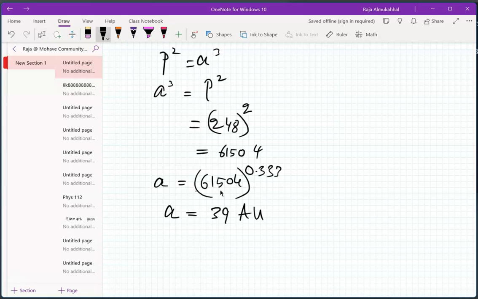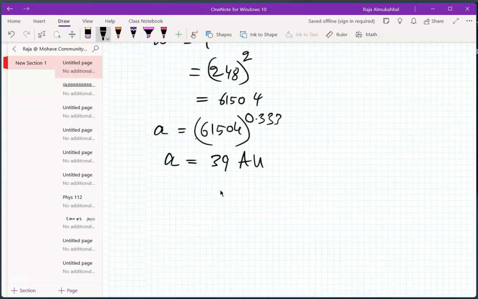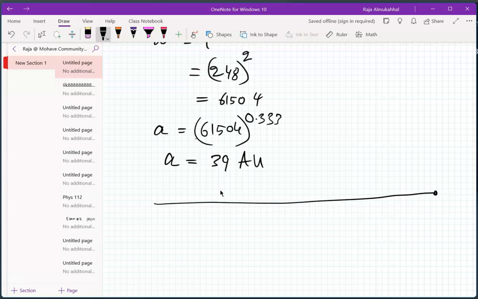In other words, Pluto, let's make a picture of that. So here is Pluto right here. And here is our sun. And our Earth is somewhere here. It's only 1 AU from the sun. Pluto is way out there at a distance of 39 AU.